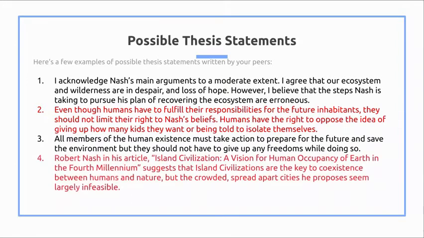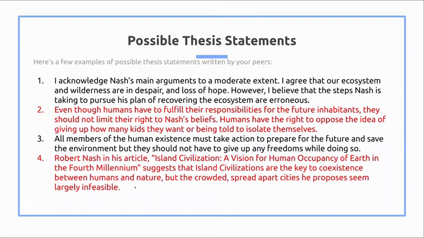Moving on. 4, Robert Nash, in his article, Island Civilization, A Vision for Human Occupancy of Earth in the Fourth Millennium, suggests that island civilizations are the key to coexistence between humans and nature. But the crowded, spread apart cities he proposes seem largely infeasible. Okay, I love this, the claim here.